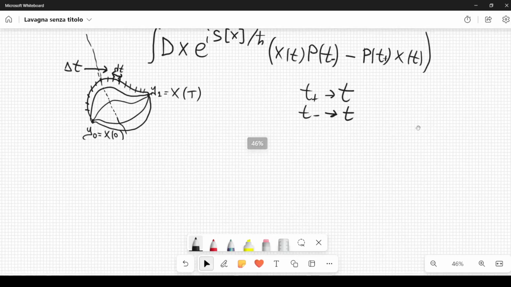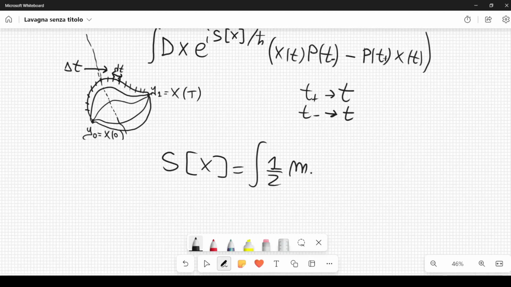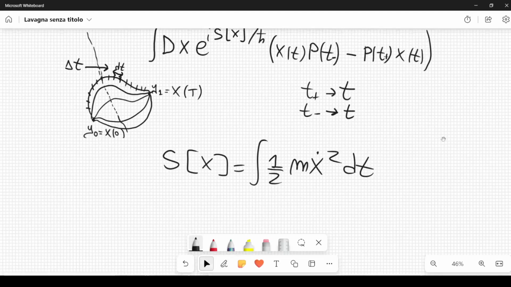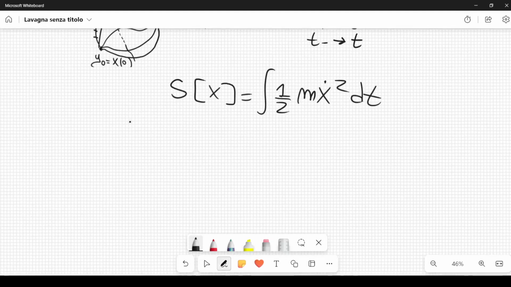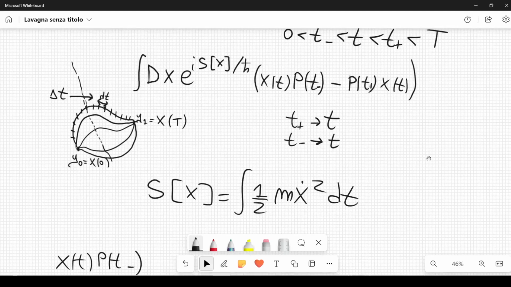Now, we are considering, as I said, a free particle, so we have the action S of x that can be written in the following form. Integral of 1/2 the mass of the particle times x dot squared dt. Now, we are going to discretize our integral in the following way. So we have x of t times p of t minus, which is here.